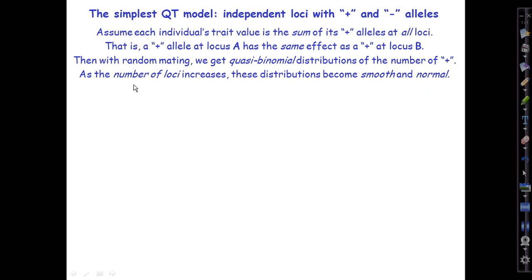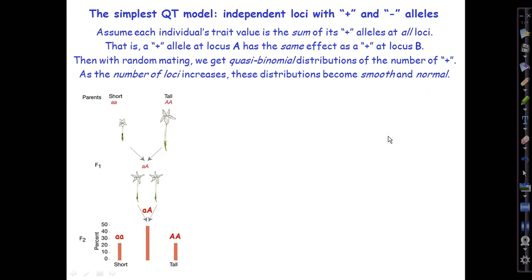So as the number of such loci contributing to the trait, which are polymorphic, that's implied, we're interested in them in any given population because at that locus there are both plus-making and minus-making alleles. As the number of such loci increases, the distributions become more and more smooth and closer to a normal distribution.